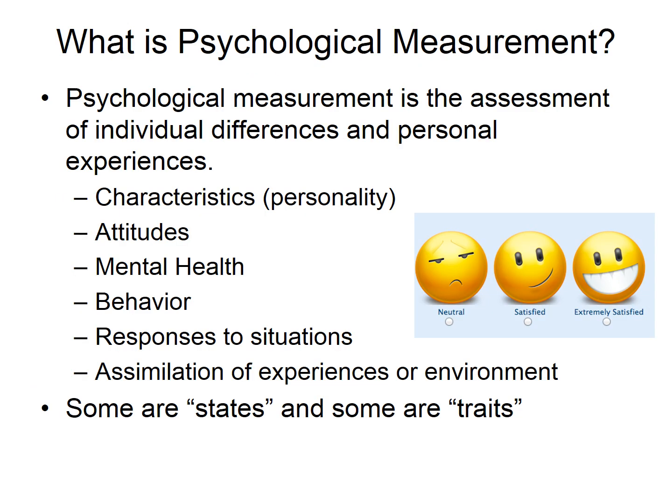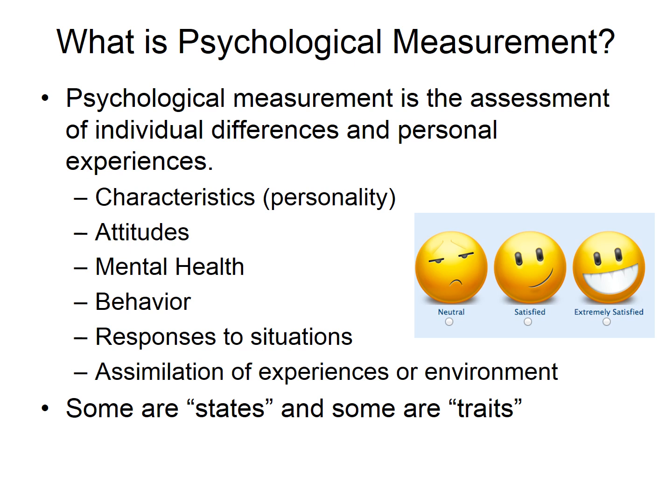As a reminder, we started out with what is a psychological measurement, and psychological measurement is the assessment of individual differences in personal experiences. When we're talking about psychological measurement, we're talking about two general broad areas of constructs. Individual differences, which are generally considered to be stable traits, and personal experiences or personal attitudes.